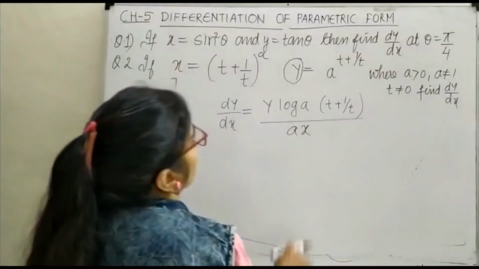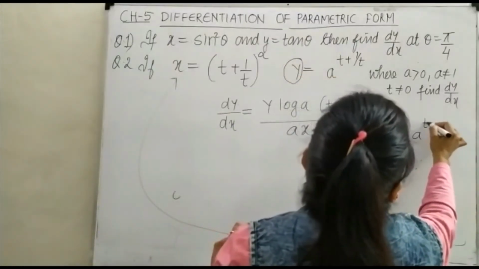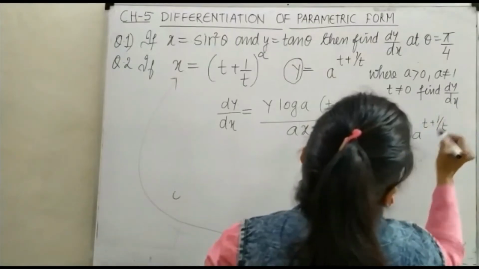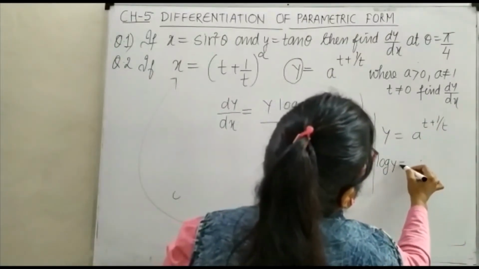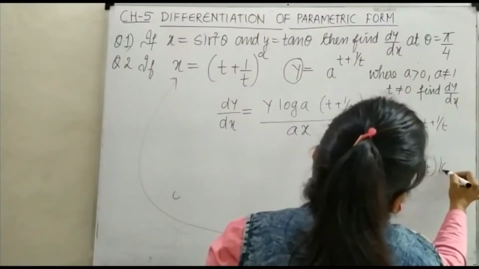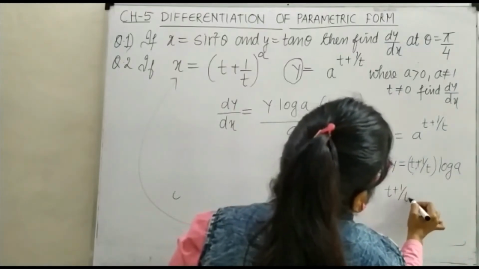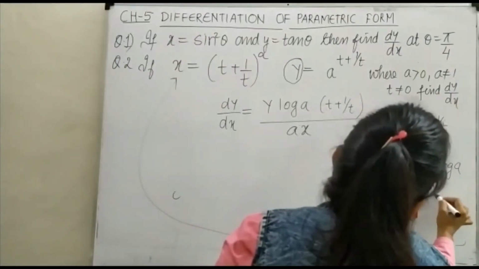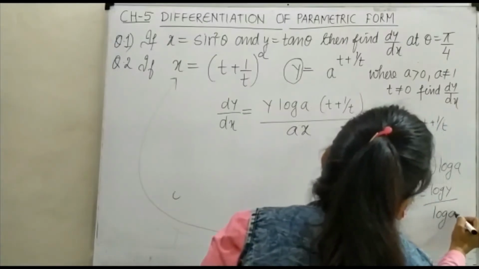You can see here y equals a to the power (t plus 1 upon t), which can be written as log y is equal to (t plus 1 upon t) log a. From here, the value of t plus 1 upon t comes out as log y upon log a.